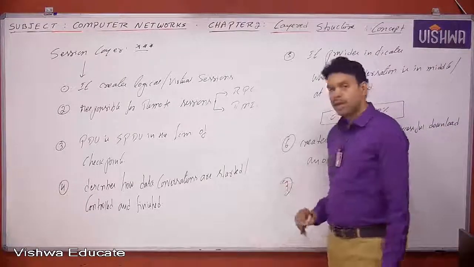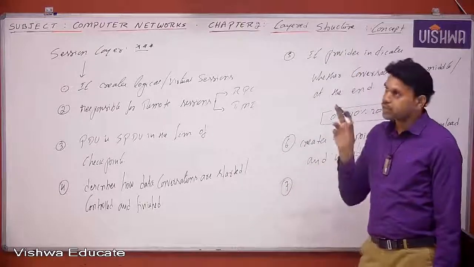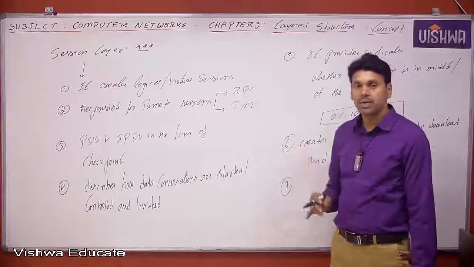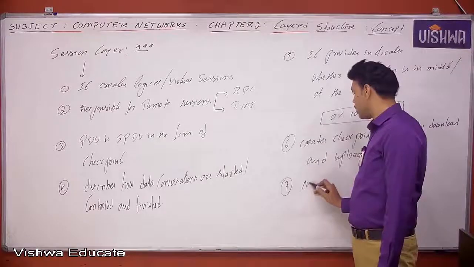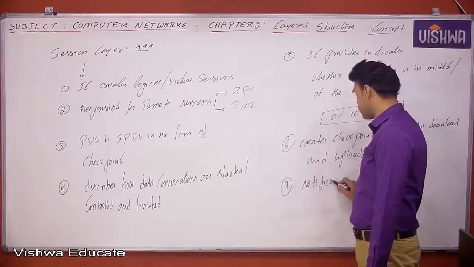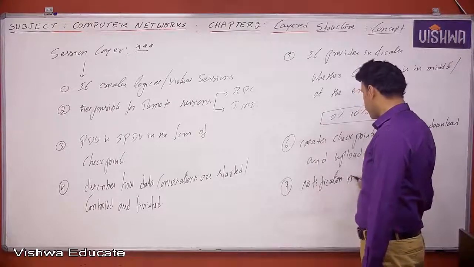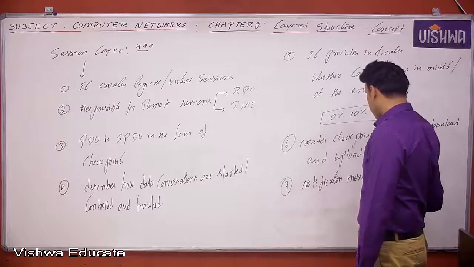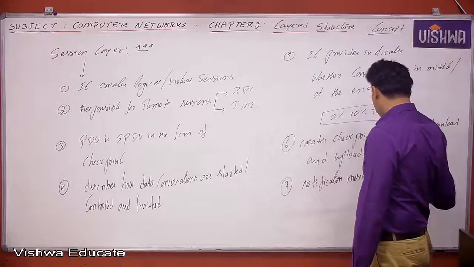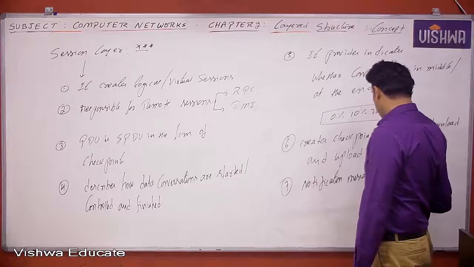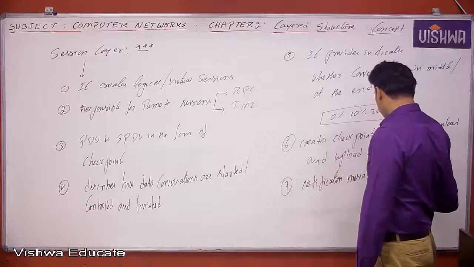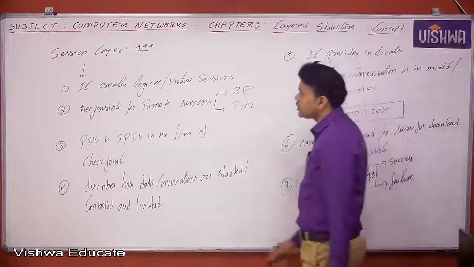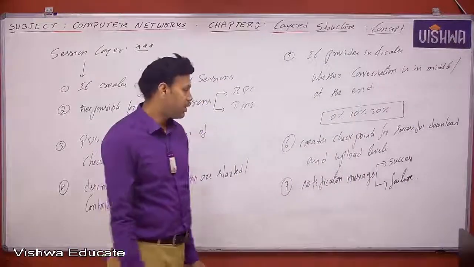Next, if the download is a success, it will give you download success, otherwise download failure. Notification messages: success or failure. Okay friends, these are the responsibilities of the session layer.